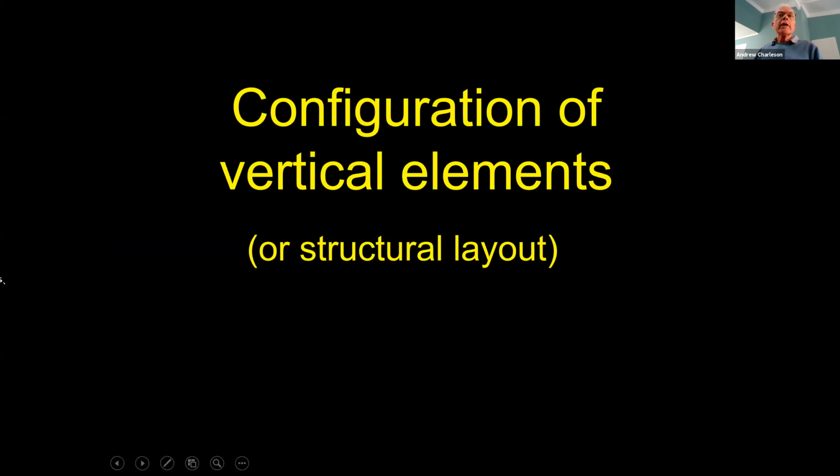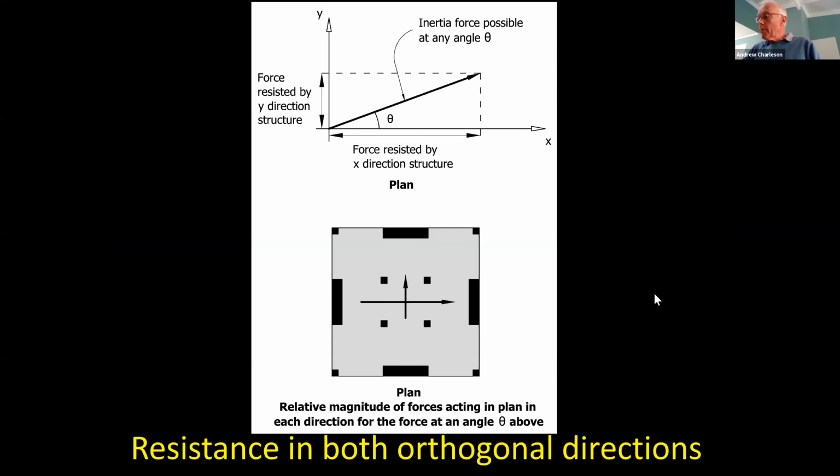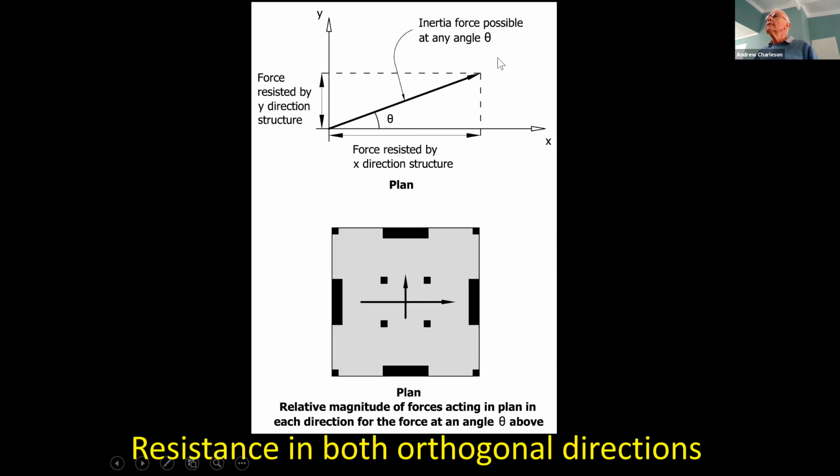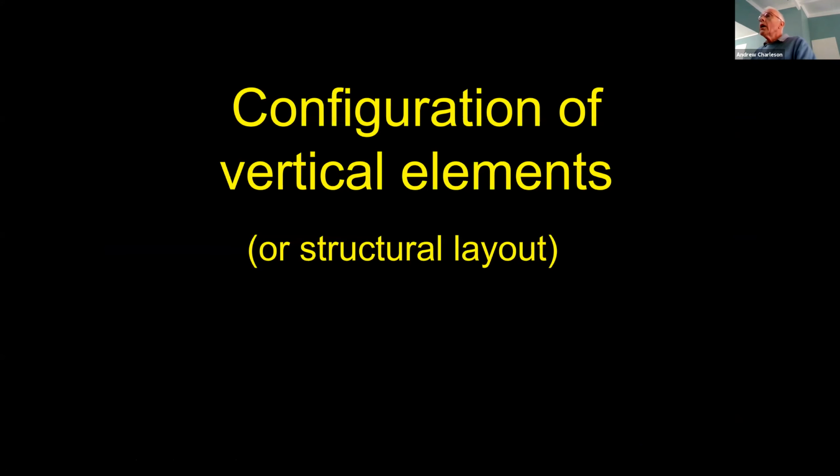And so I'm going to begin by talking about, I'm just having trouble seeing my screen here. Just excuse me. I'm talking about the use of vertical elements or the structural layout that you will require to resist earthquake.